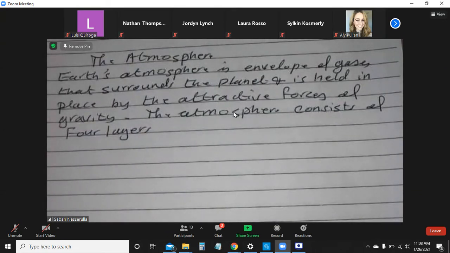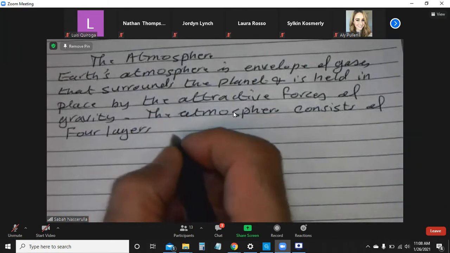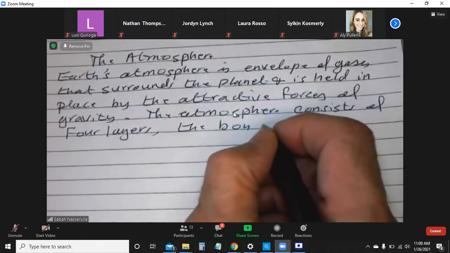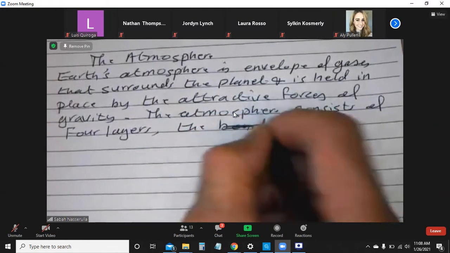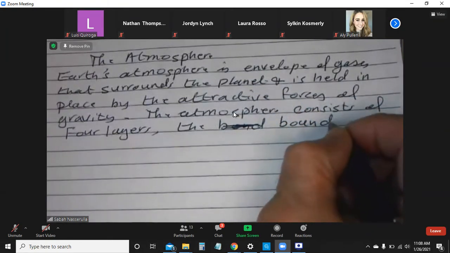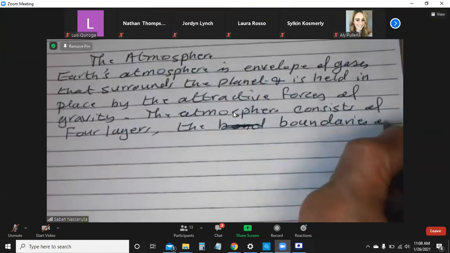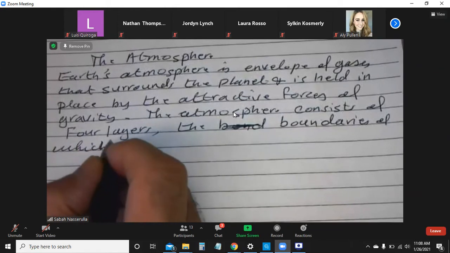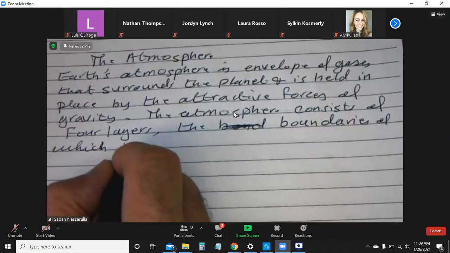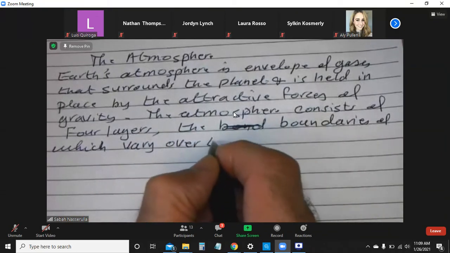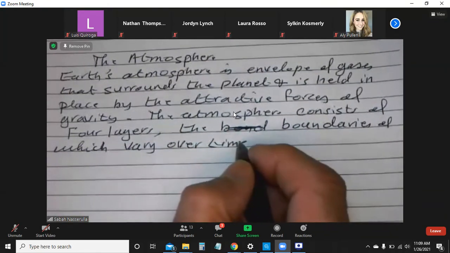So, 4 layers, the boundaries of which vary over time and space.